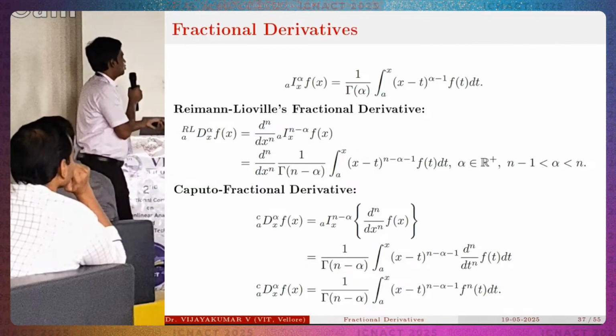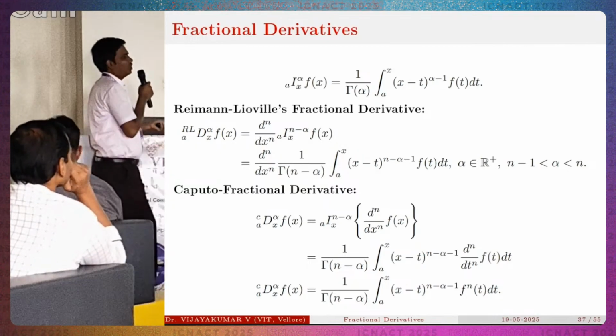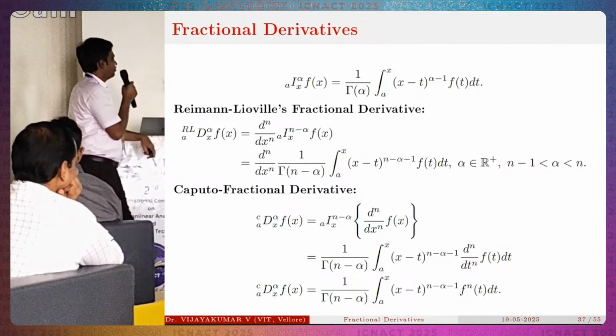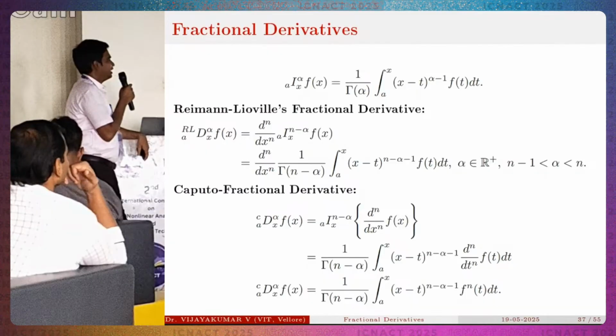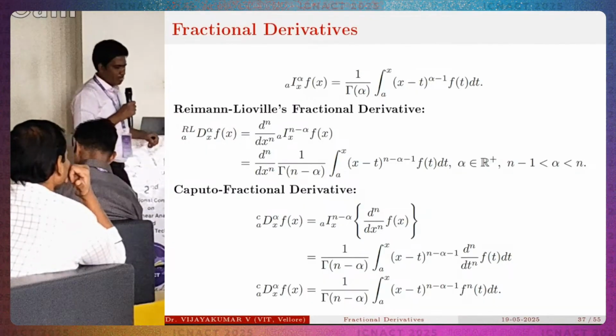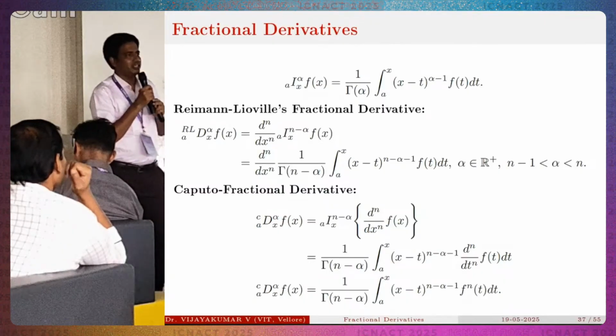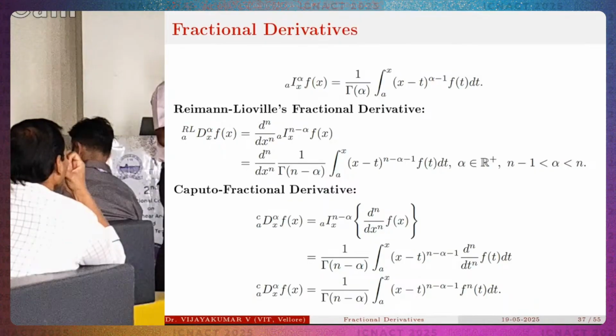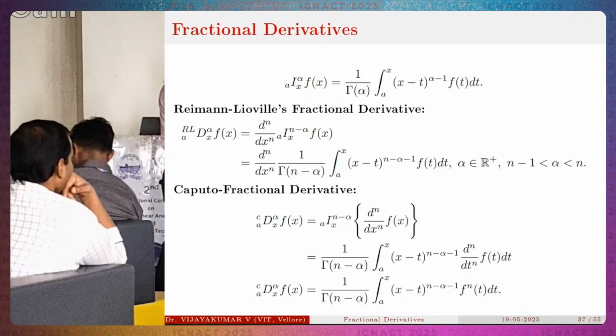See, you check the first one, Riemann-Liouville fractional integral. The second one is Riemann-Liouville fractional derivative. The difference between Riemann-Liouville fractional derivative and the Caputo fractional derivative: suppose we are differentiating a constant function using Riemann-Liouville fractional derivative, you are not able to reach 0.